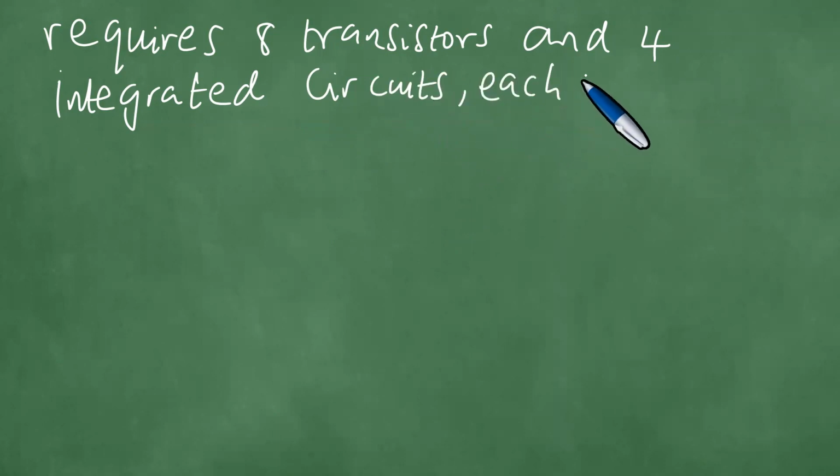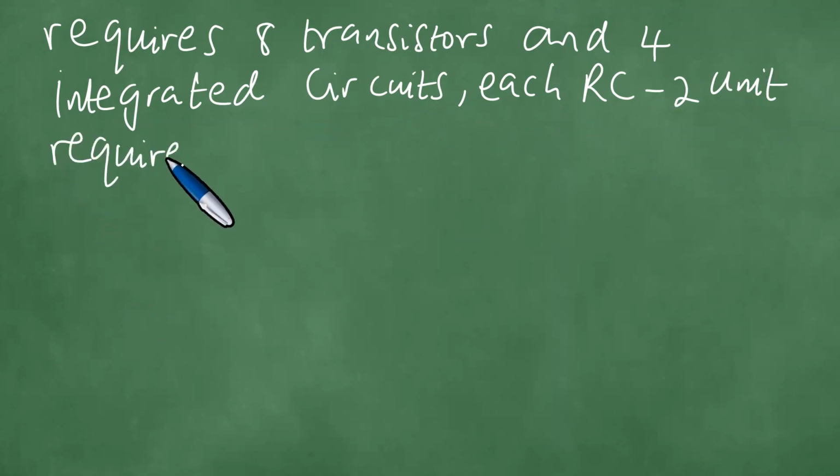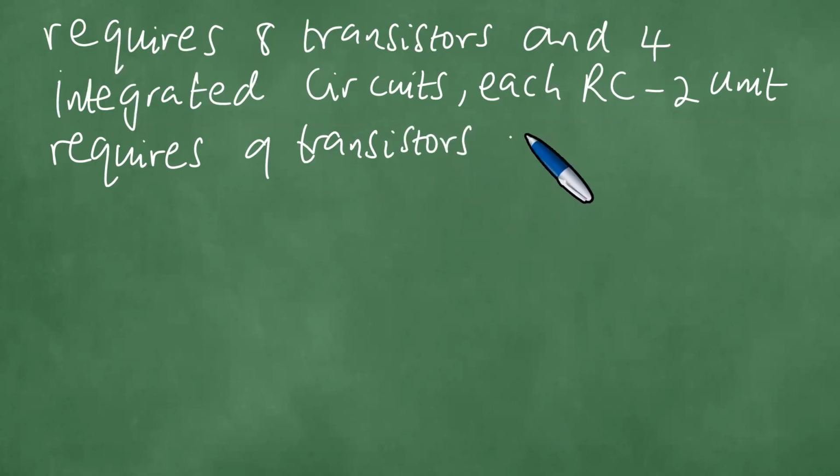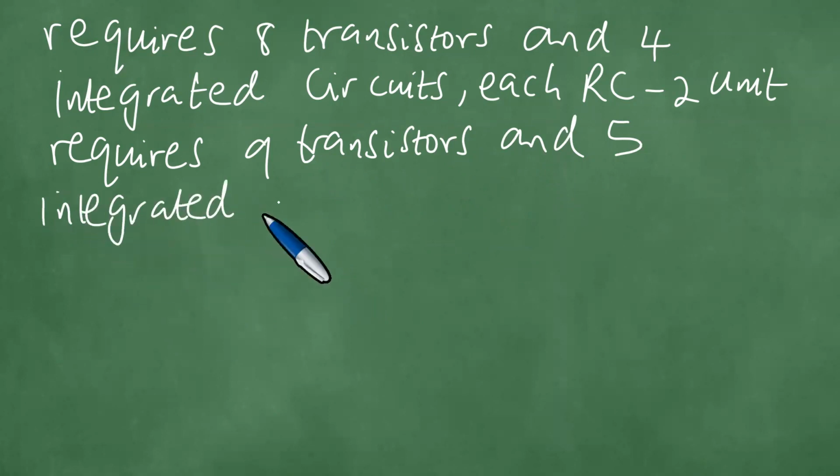Each RC2 unit requires 9 transistors and 5 integrated circuits.